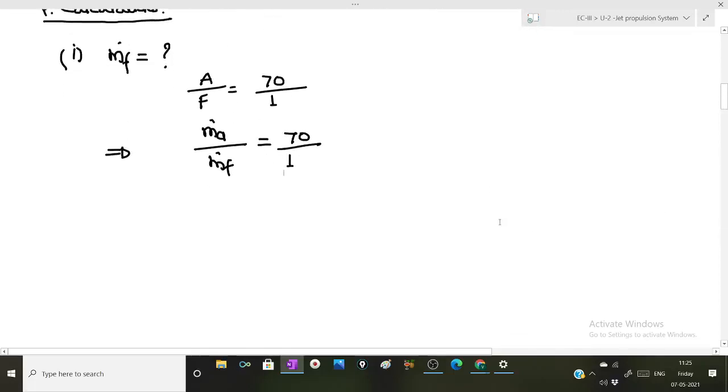So therefore m dot f, that is I am interested to calculate, mass flow rate of fuel, can be calculated by mass flow rate of air to the air fuel ratio.